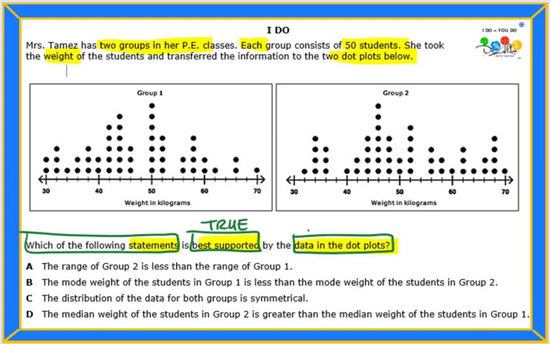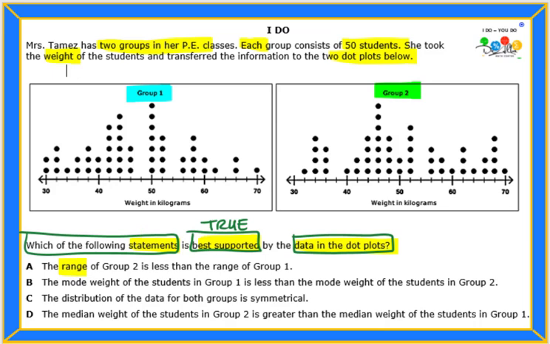Okay, so let's look at our first statement, which is talking about the range. Let's make sure that we label here, and I want to color code so that I can stay organized. Group 1, I'm going to use blue, and group 2, I'm going to use green.